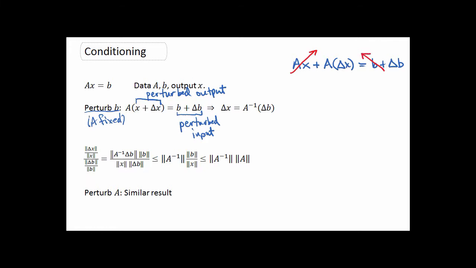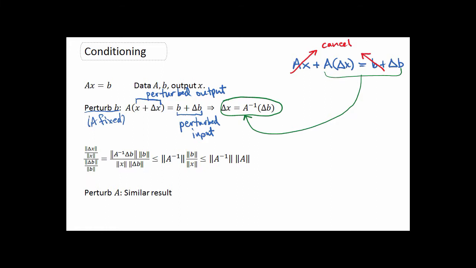So those two sides cancel each other out. What we're left with is A delta X equals delta B, and if we solve for delta X, it's easy to do so. Delta X is just A inverse times delta B.